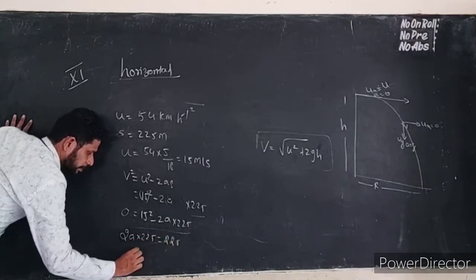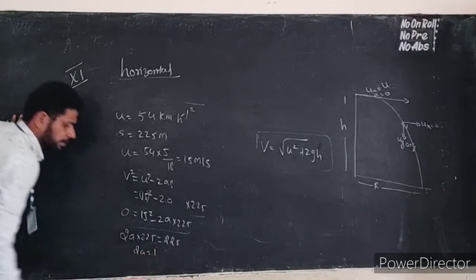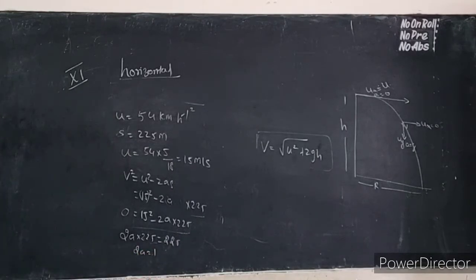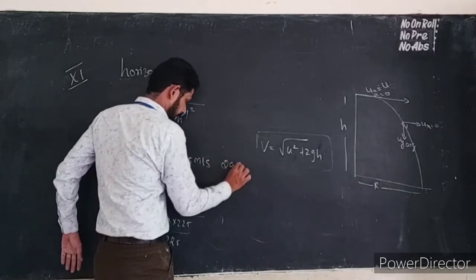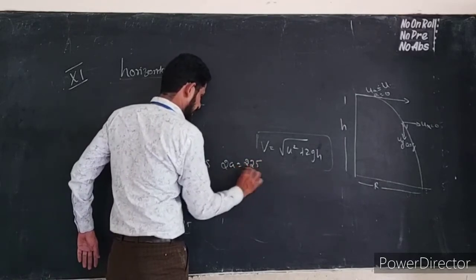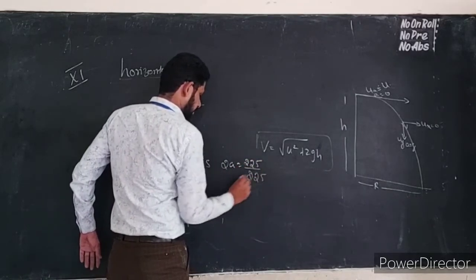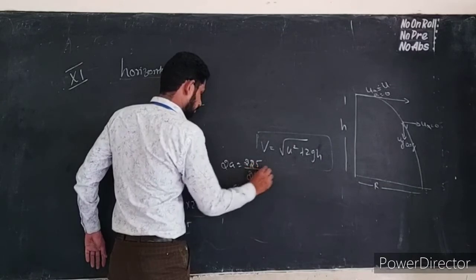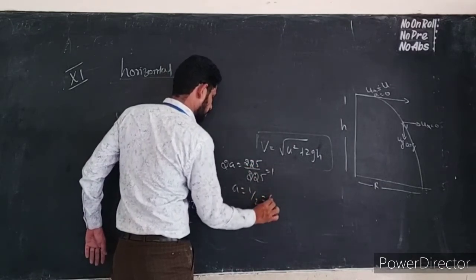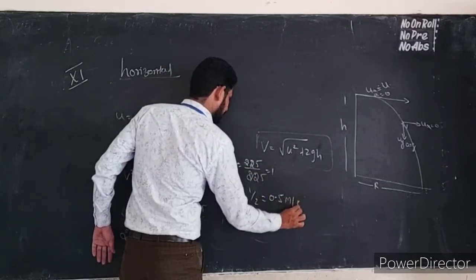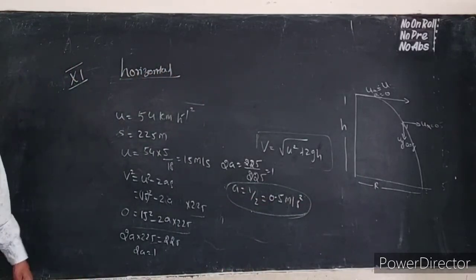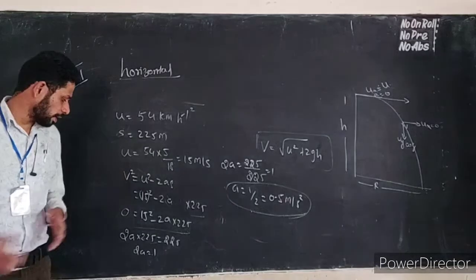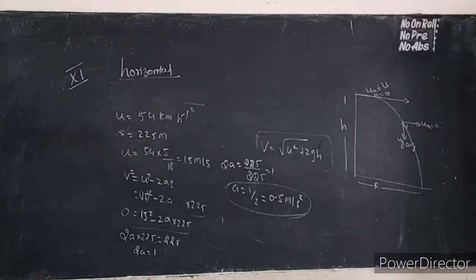So 2a will become 225 by 225, which is 1. So a will become 1 by 2, equal to 0.5 meters per second squared. This was the retardation of the train when its brake was applied.